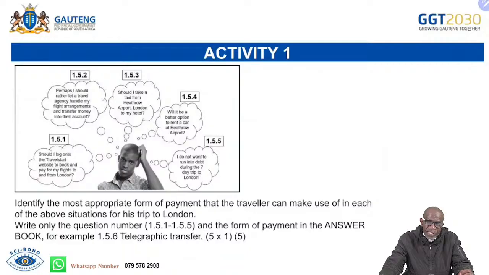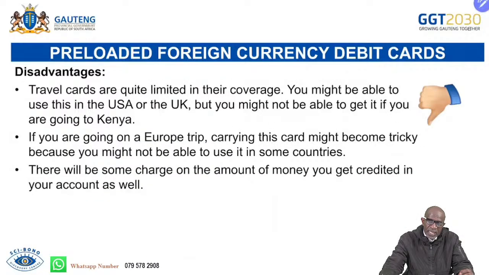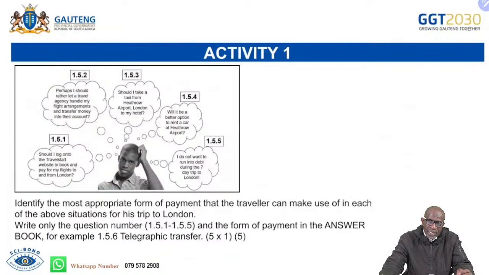It says, identify the most appropriate form of payment that the traveler can make use of in each of the above situations for his trip to London. The instruction says, write only the question number, that is 1.5.1 to 1.5.5, and the form of payment in the answer book, for example, 1.5.6 telegraphic payment. Let's look at the answers.